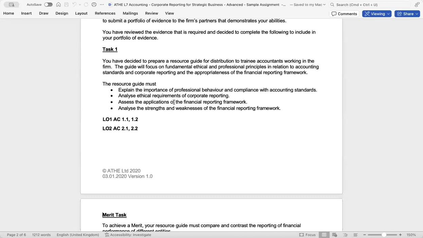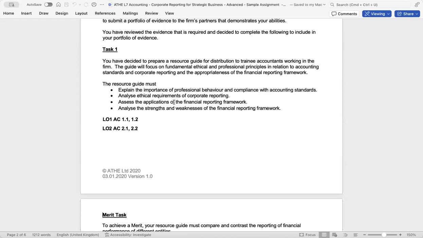You need to look at learning outcome one. Discuss the importance of professional behavior in accounting, including integrity, objectivity, and professional competence. Explain the need for compliance with accounting standards such as IFRS, International Financial Reporting Standards, and GAAP to ensure consistency, reliability, and comparability of financial statements.